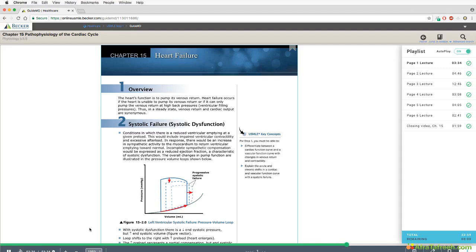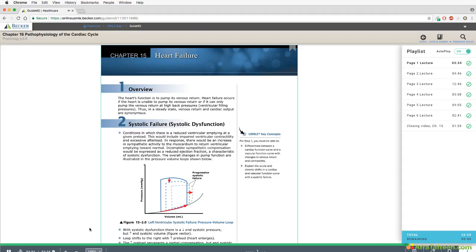But notice the diastolic curve is not changed significantly. Because the diastolic curve is not changed significantly, then it tells you there is no diastolic dysfunction. In addition, we mentioned it earlier again, the increased preload does represent a partial compensation to the decrease in contractility.